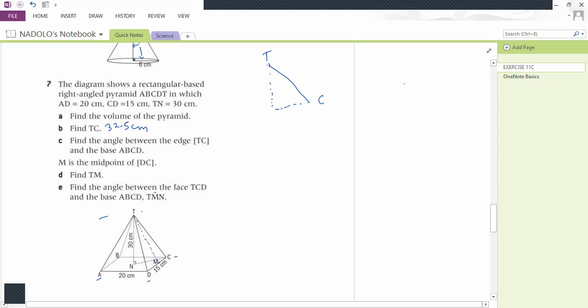So the projection of this line is this line, NC, which is 90 degrees at this point. So the angle between an edge and a surface is the angle between the edge and its projection on the surface. So the projection of TC is NC. It's like a shadow. If you project sunlight directly above TC, it will cast a shadow on the base as NC.